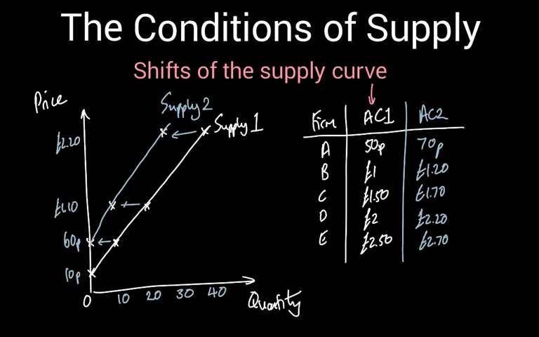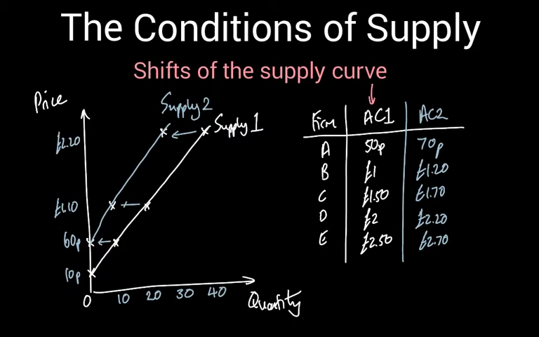So we can say that an increase in cost causes supply to shift to the left from supply 1 to supply 2. And obviously, if we'd done it the other way, if we'd reduced the costs to the business, then that would have made them more willing and able to supply. So we would have seen the supply curve shift to the right. Now, one very important point to remember here is when you're thinking about shifts of supply, always try and think about them as shifting left and right.